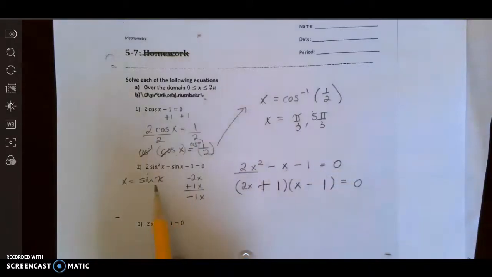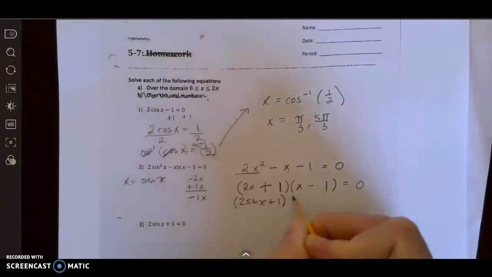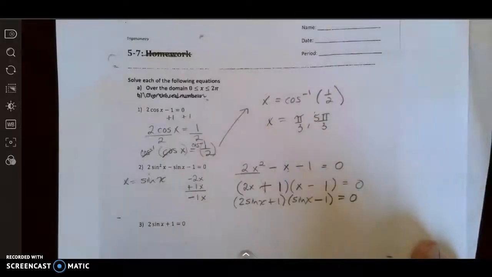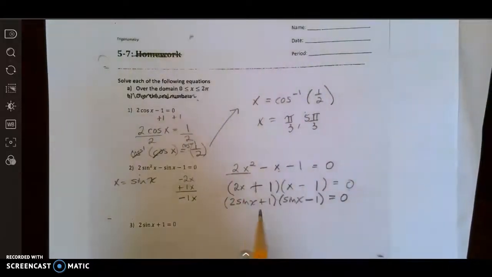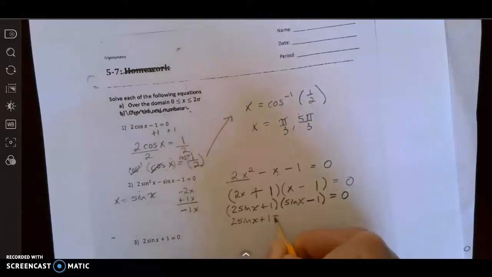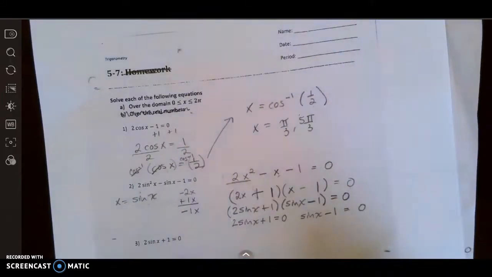Now I have to put sine of x back in. So I have 2 times the sine of x plus 1, and sine of x minus 1 equals 0. At this point, I need to set each factor equal to 0. So 2 times the sine of x plus 1 equals 0, and sine of x minus 1 equals 0.